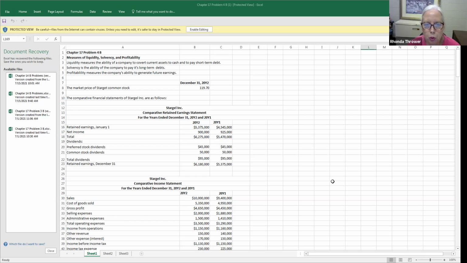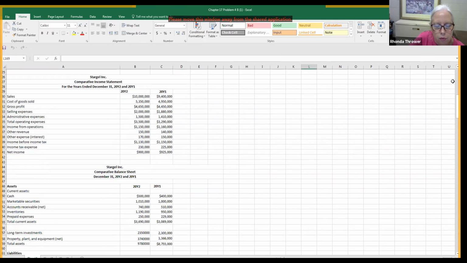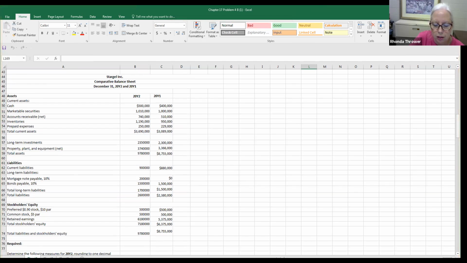You'll remember from previous chapters that our current assets would be found on the balance sheet. In this particular problem, they're using a comparative balance sheet. So if you'll bear with me just a minute, I'll flip down here to this comparative balance sheet that we'll be working with to find our liquidity ratios.